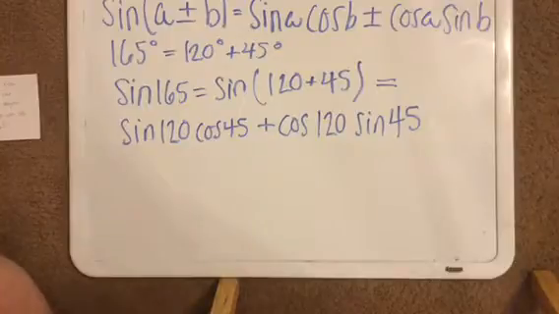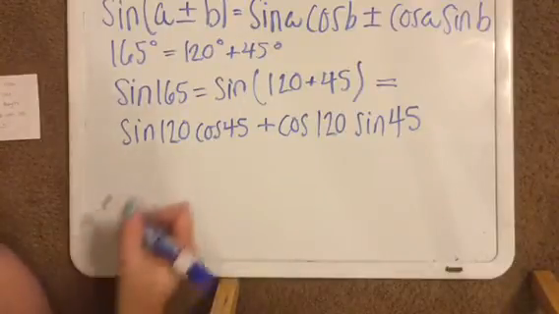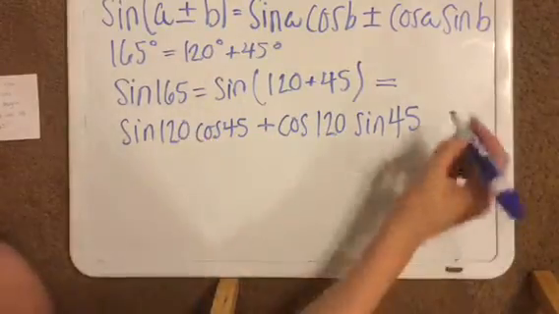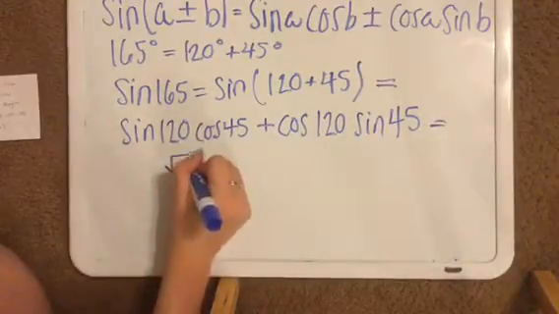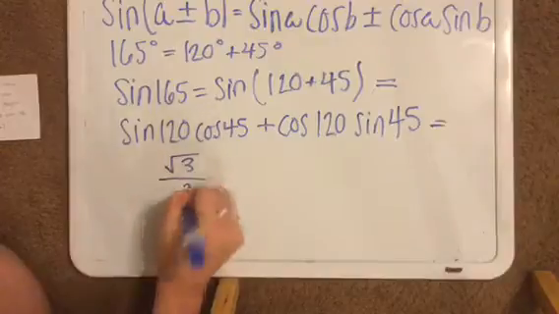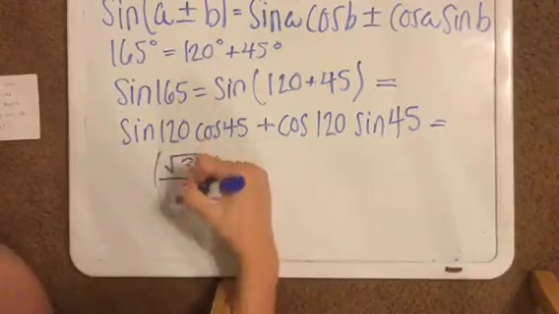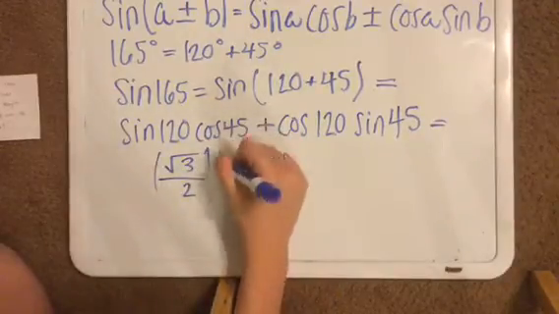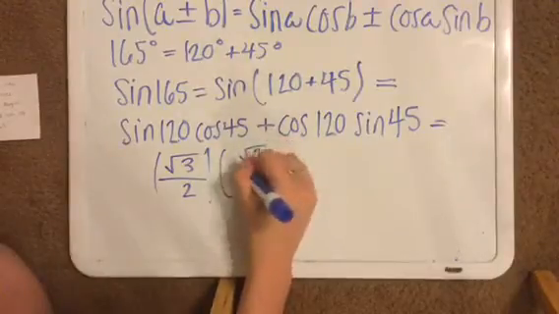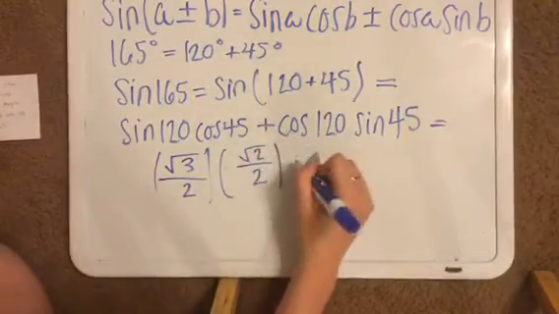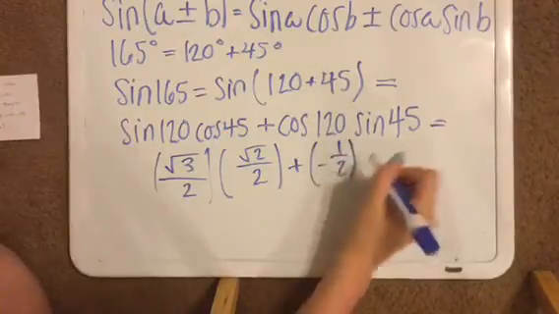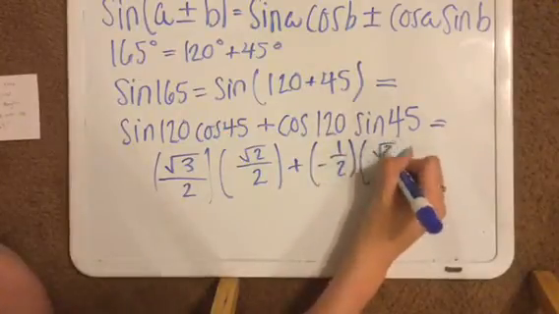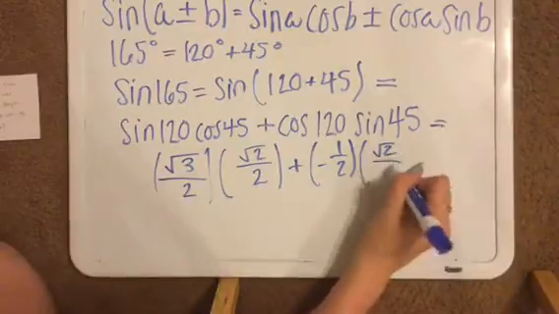You will then find these values on the unit circle, and you will find that they are equivalent to square root of 3 over 2 times square root of 2 over 2 plus negative 1/2 times square root of 2 over 2.